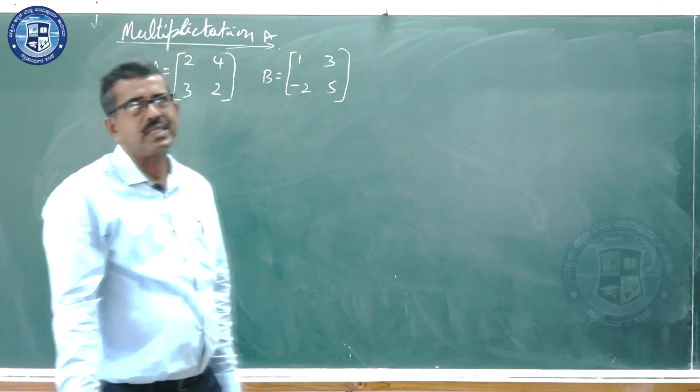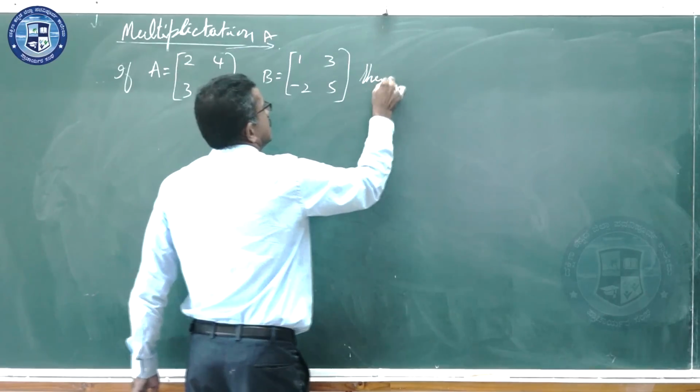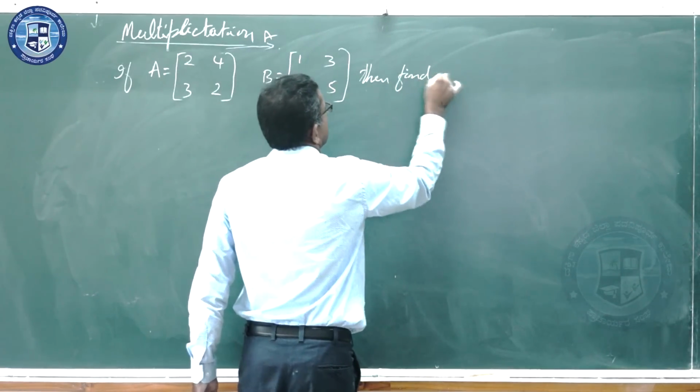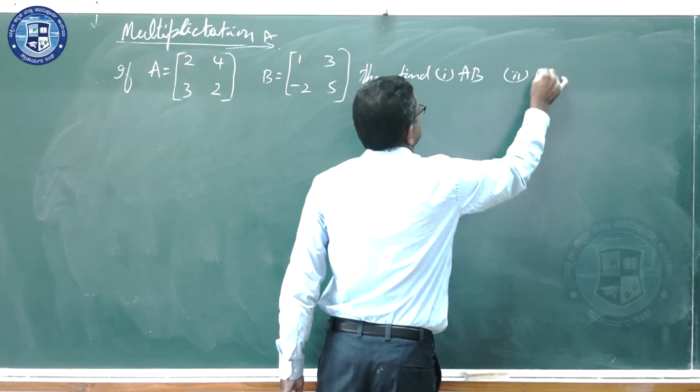If these are the two matrices given, find number 1, AB, and number 2, BA.